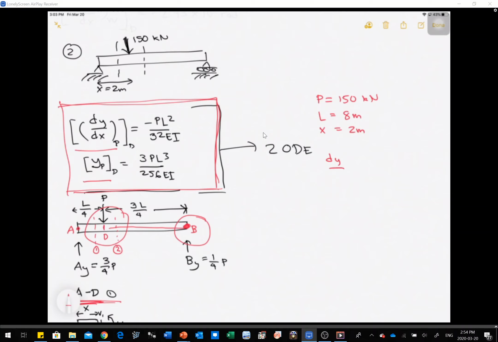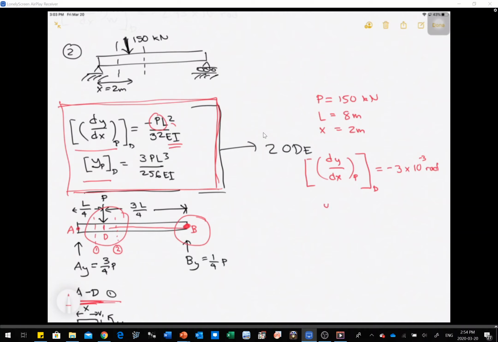Now, if you substitute those numbers right here, you will get dy dx, and that's from the concentrated load at point D. So that's 150, that's 8. This is 100 right here, and then you will get negative 3 times 10 to the negative 3 radians.